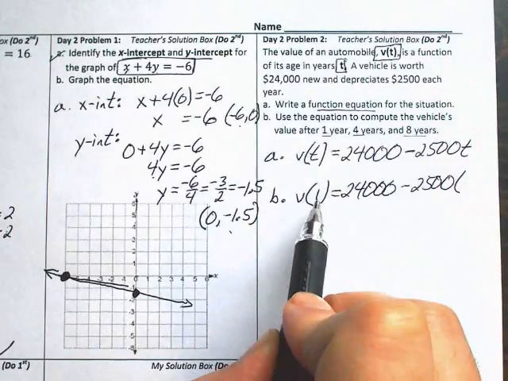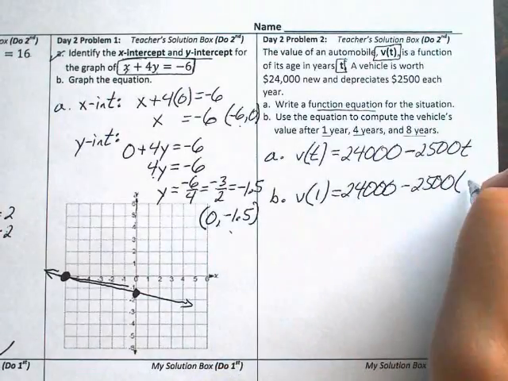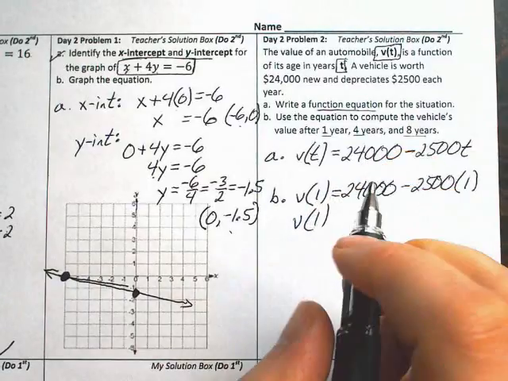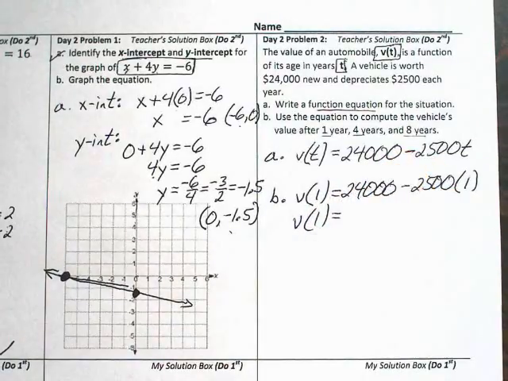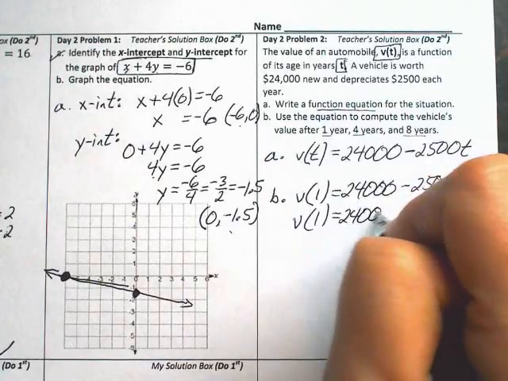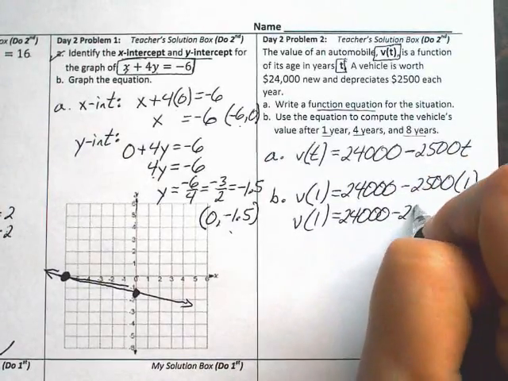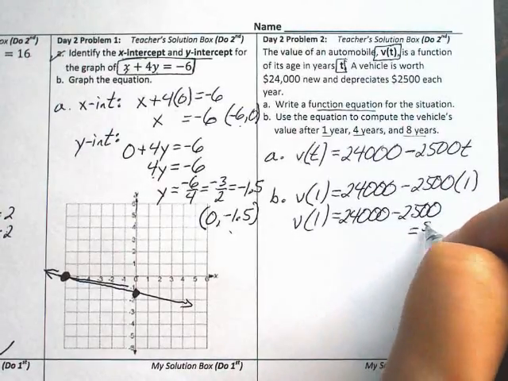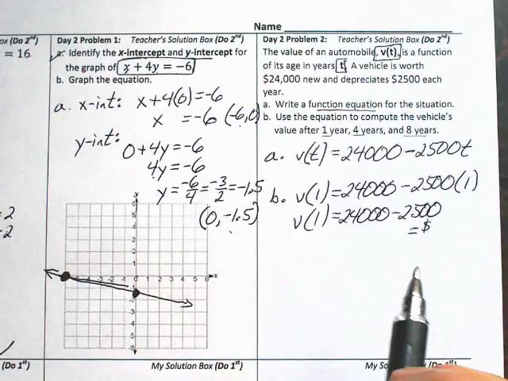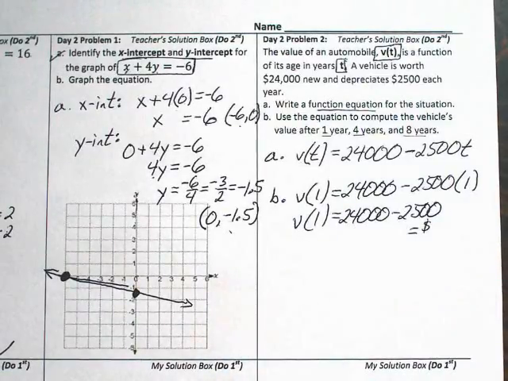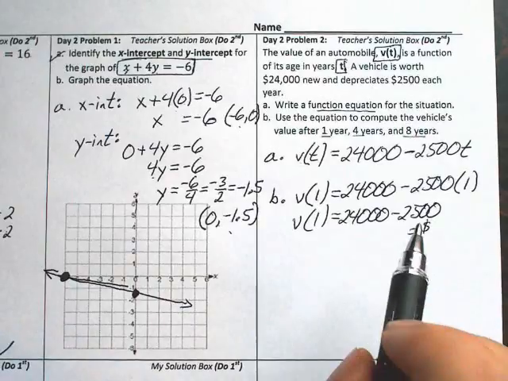And t, remember, we are using 1 year old. And so V of 1, the value when the vehicle is 1 year old, will be equal to 24,000 subtract 2,500. How much is that? And so we need to figure out what 24,000 subtract 2,500 is.